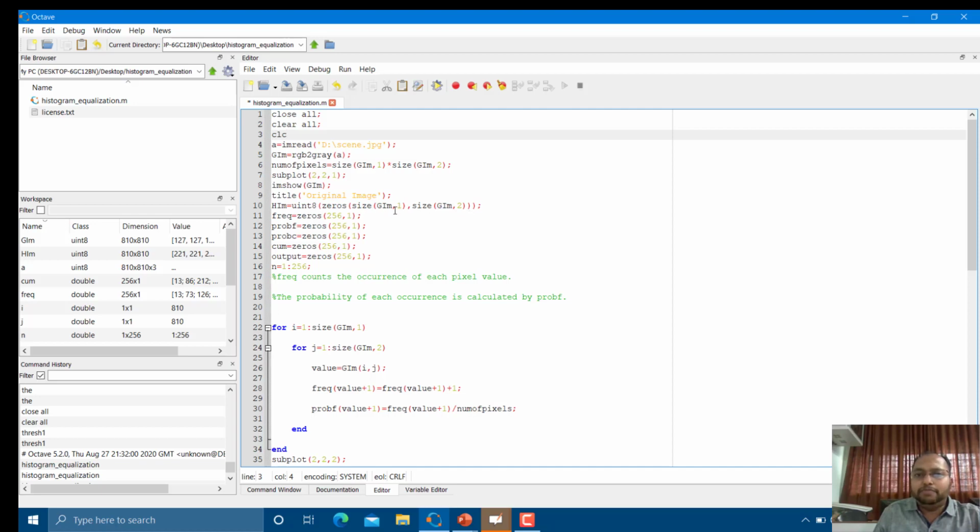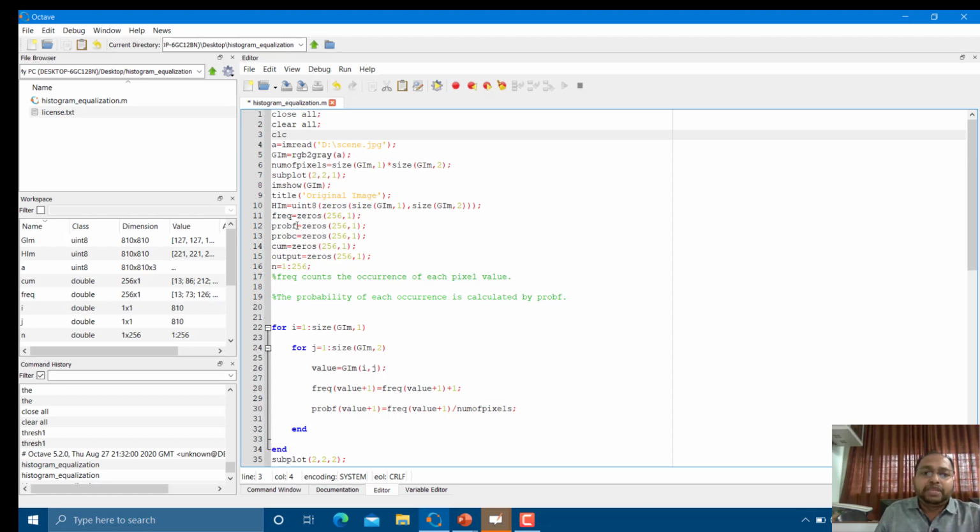So size of GIM comma 1 is the rows, and size of GIM comma 2 is the columns. So this variable is also holding the size of that particular image, which is 810 by 810.